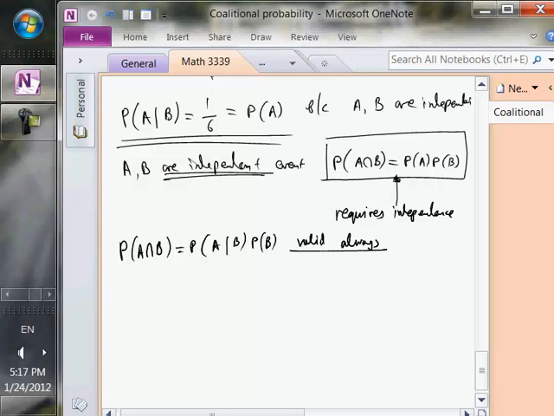Take a hand of 13 cards. That's problem number 2, on page 102. So we take a hand of 13 cards out of a deck of 52 cards.